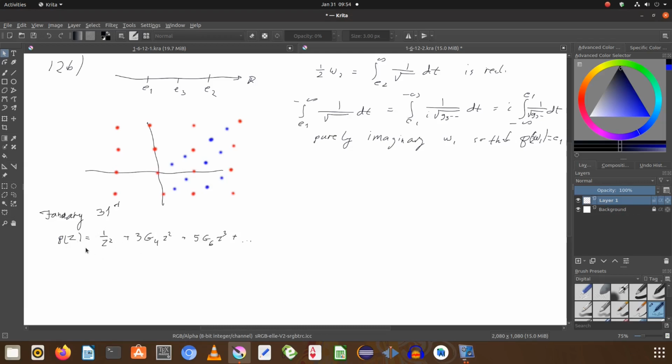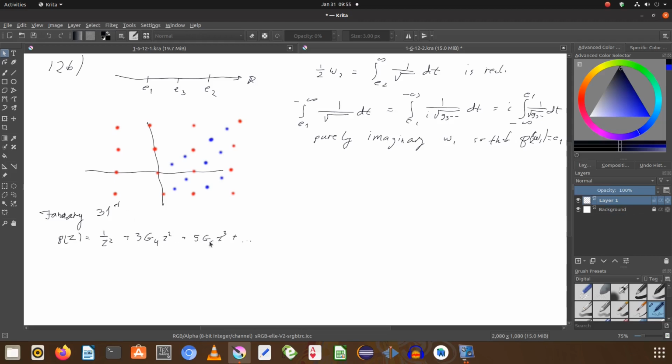Now, this is the formula 6.2, the series expansion of the Weierstrass P function. I did that in the first recording without sound, so I'll just show you my thoughts.